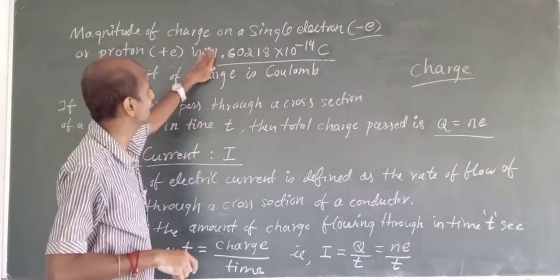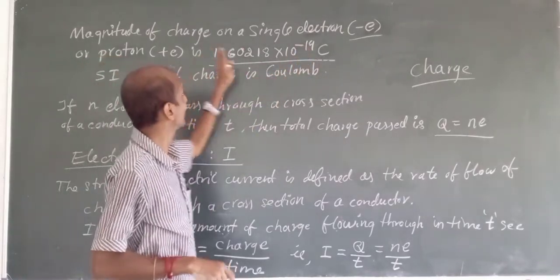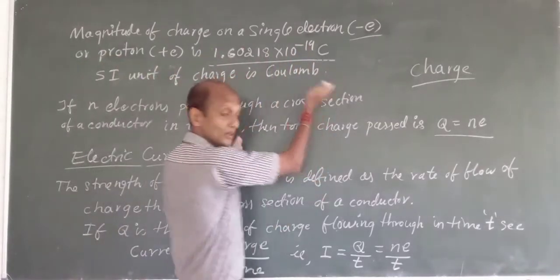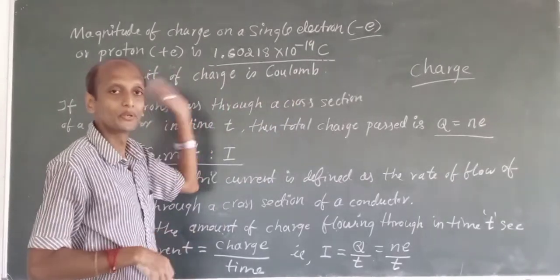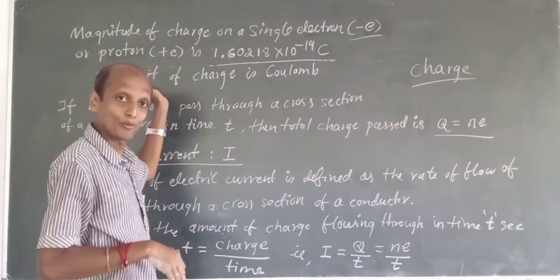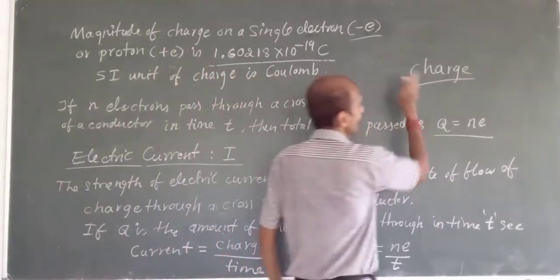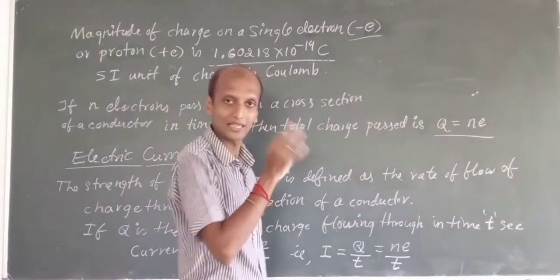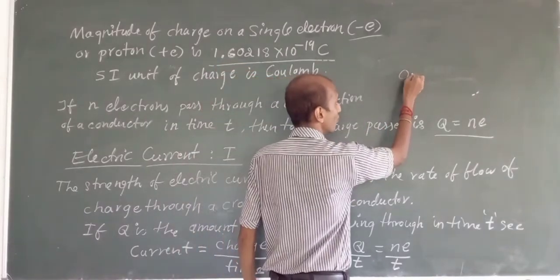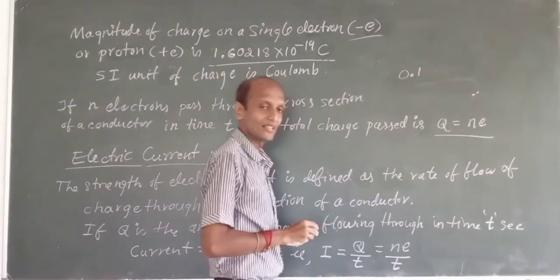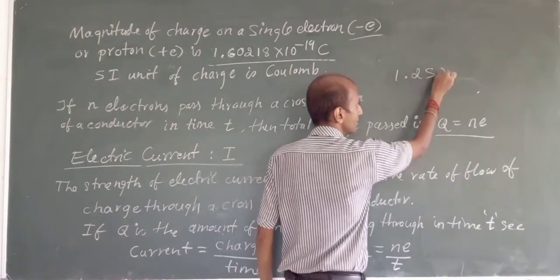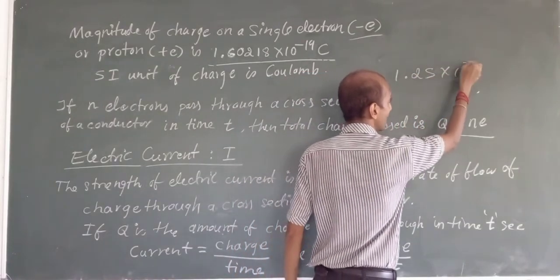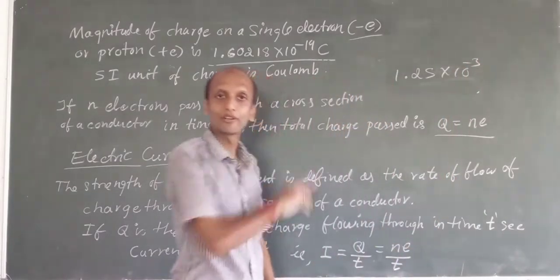10 power minus 19 means what? The decimal point goes towards this direction, isn't it? So for example, if I say 1.25 into 10 power minus 3, how will you write this?